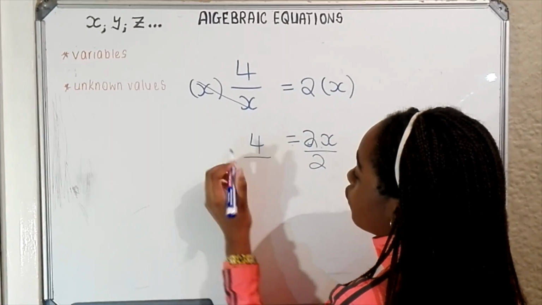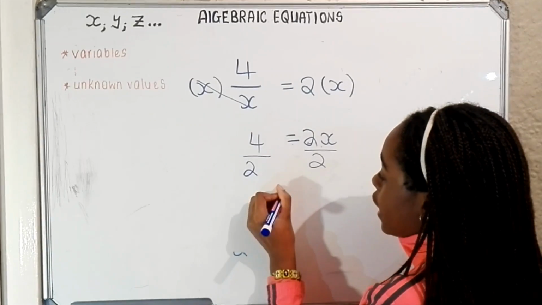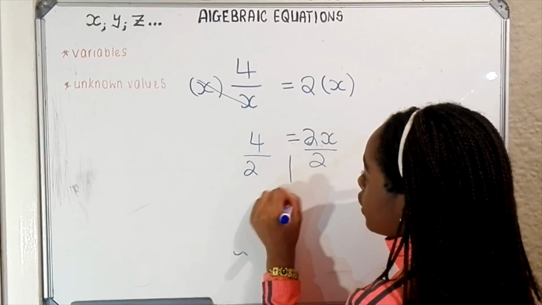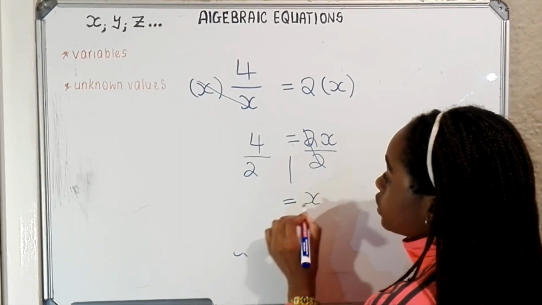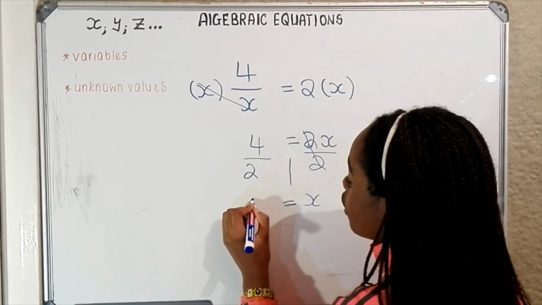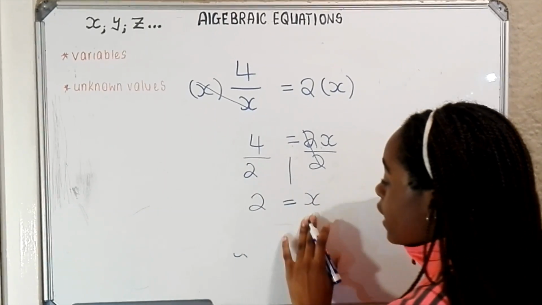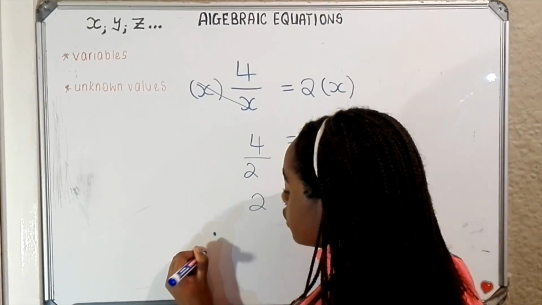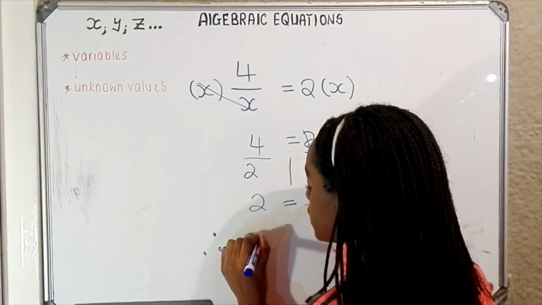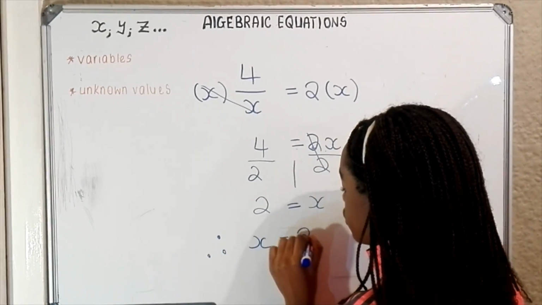So you divide by 2 over here. And you're left with x on its own. This cancels, x on its own. 4 divided by 2 gives you an answer of 2. The value of x is equal to 2. To make this more clear, you can just say x is equal to 2.